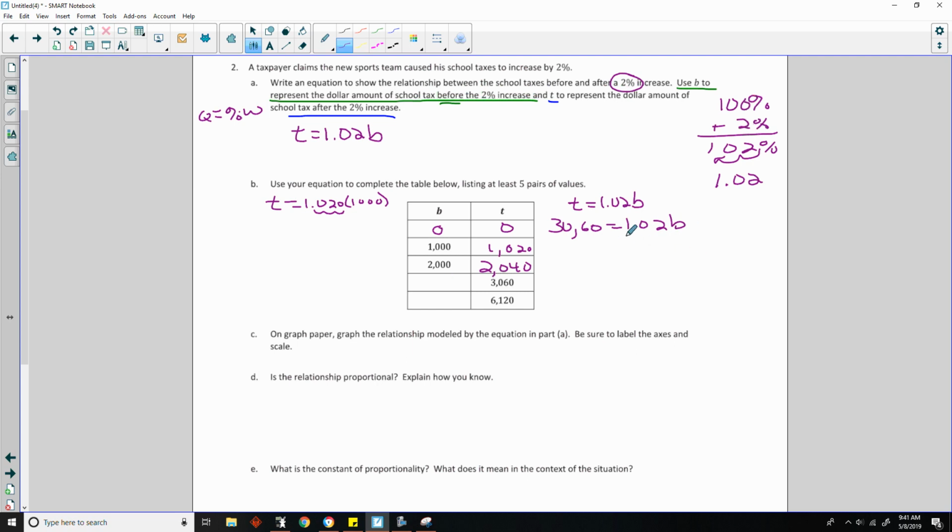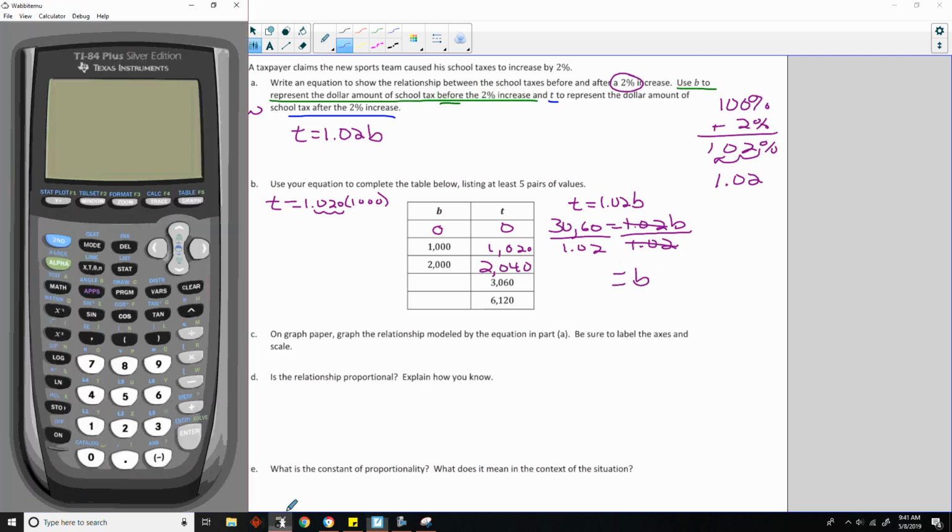And I'm trying to find b. So I divide, because it's the inverse of multiplication, and I divide both sides by 1.02. And this will cancel this and leave me with my b. So I go to my calculator, and I'm going to take 3,060 and divide it by 1.02, and that will give me 3,000.